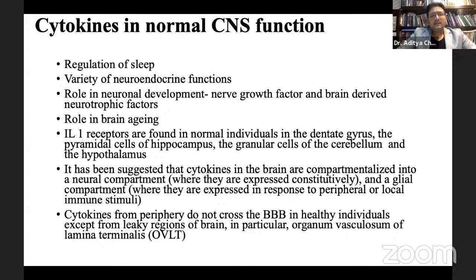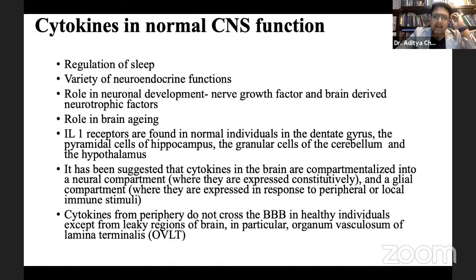However, a certain scientist suggested that the cytokines in the brain are compartmentalized, some present in normal CNS functions, and certain interleukins or cytokines which increase whenever there is either a peripheral or a local immune stimulus. Normally, the cytokines present in the peripheral blood do not cross the blood-brain barrier.